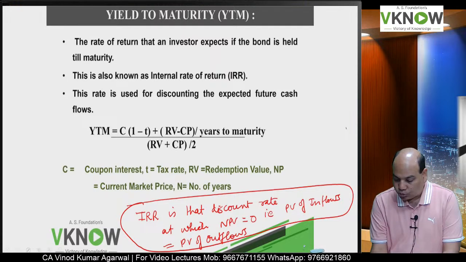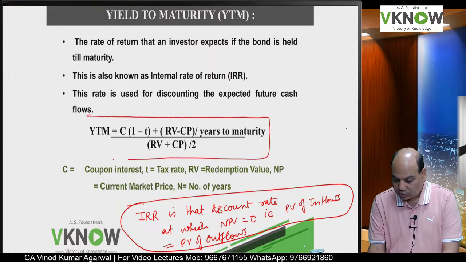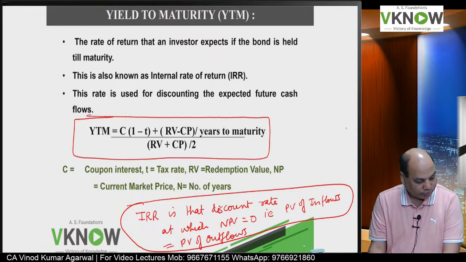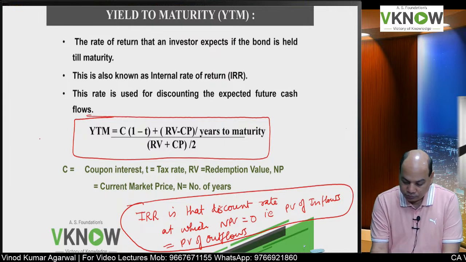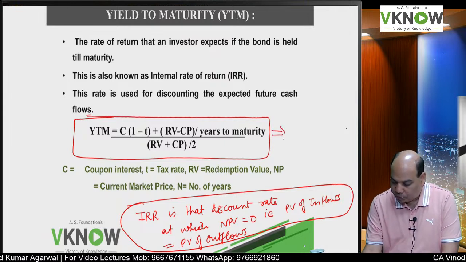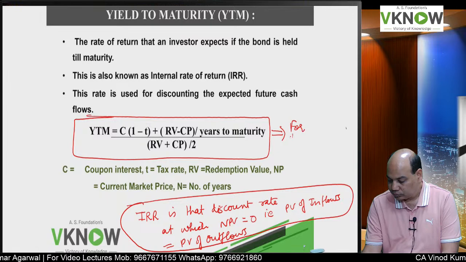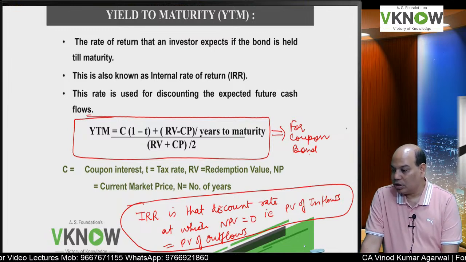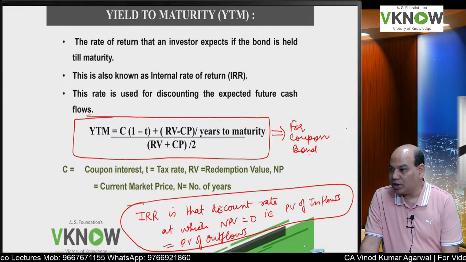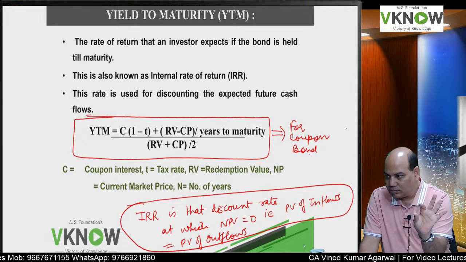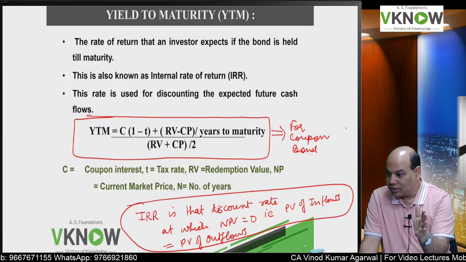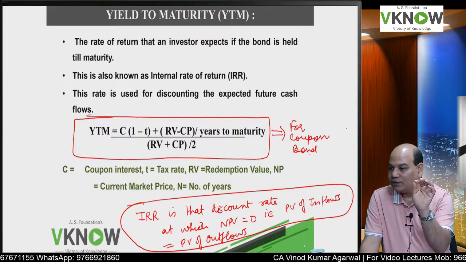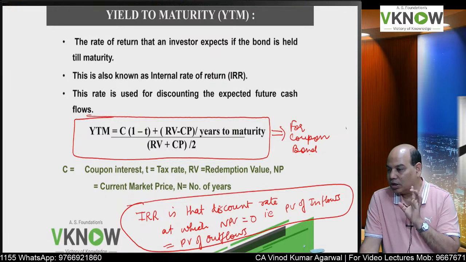There are two ways we can get IRR. If it is a coupon bond, there is a formula printed in your book. Write down this formula for coupon bond. What is a coupon bond? A coupon bond is a bond which pays periodic coupon and the amount is redeemed on maturity. First they will pay coupon for 5 years, 6 years, 10 years, and then on the maturity date the face value is redeemed.